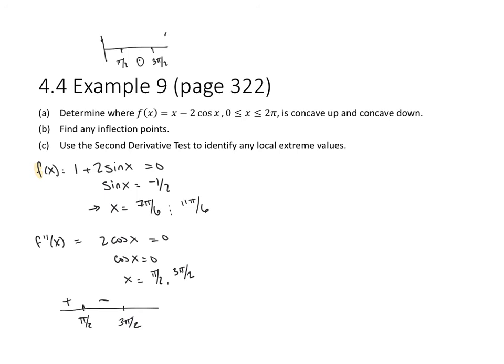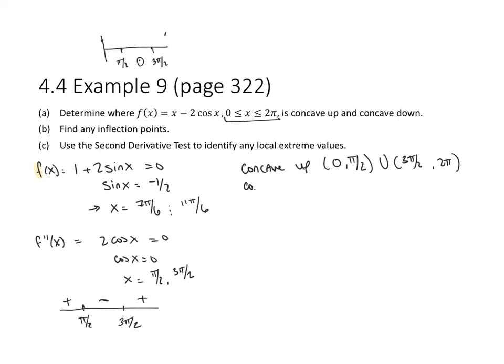And for a number larger than 3 pi over 2, we can pick 5 pi over 3. The cosine of 5 pi over 3 is 1/2, and 2 times 1/2 is positive. So we are concave up between 0 and pi over 2, and between 3 pi over 2 and 2 pi, because that's the domain that they gave us here.